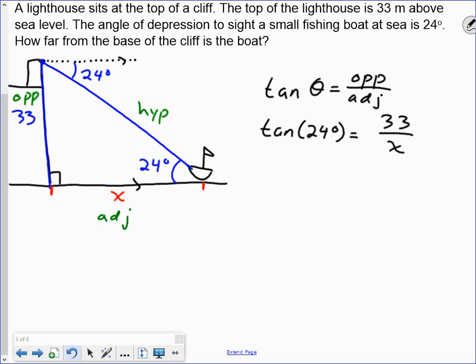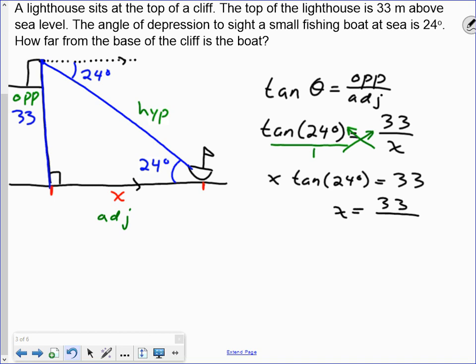We are going to have to cross multiply and then do division. So our first cross multiplication step gets us x tan 24 degrees. Divide both sides by tan 24. x is going to be 33 divided by tan of 24 degrees.